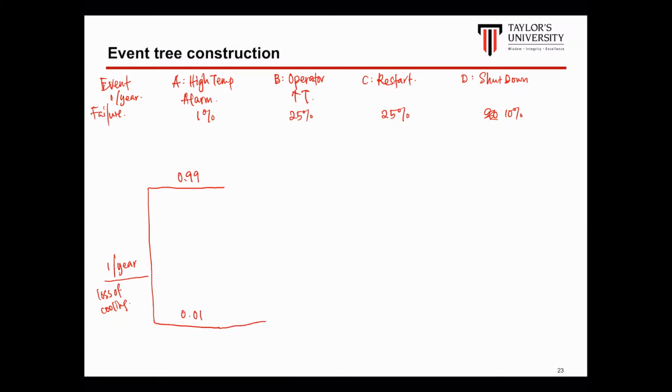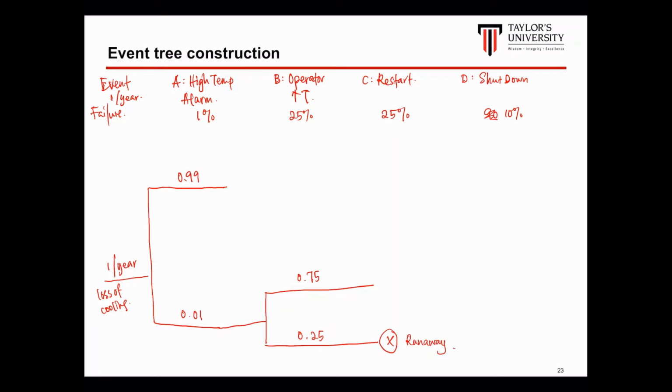But out of this 1% of the time, our operators will be able to notice it 75% of the time, and 25% of the time they will not know anything. In that 25% of the time, this will definitely be a runaway situation already, meaning things might just happen.